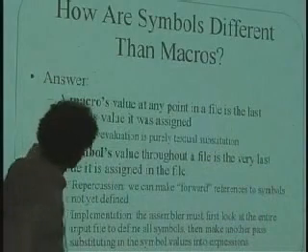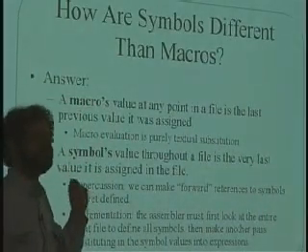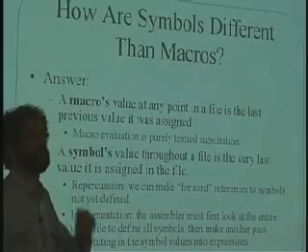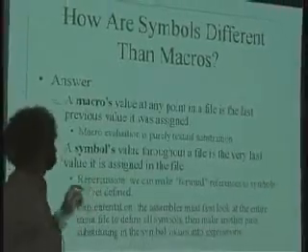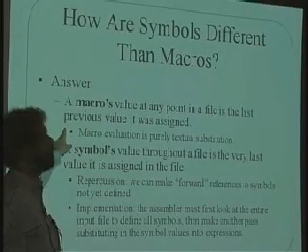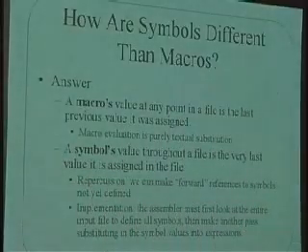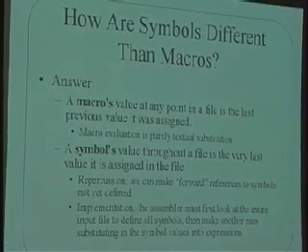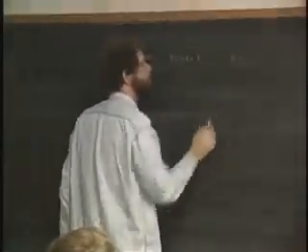A macro: if I have a macro foo, it turns out I can redefine foo several times in the file. And so the question is, what is the value of the macro foo? And the answer is, it's the value that it had the last time that I assigned the macro. So in this purely textual substitution mode, I can say dot macro foo of x, and I can say x plus 1.